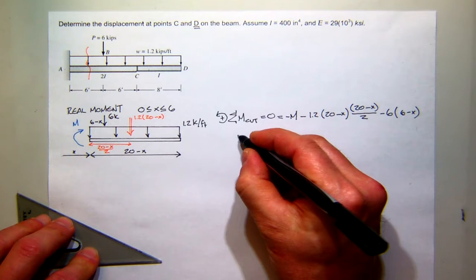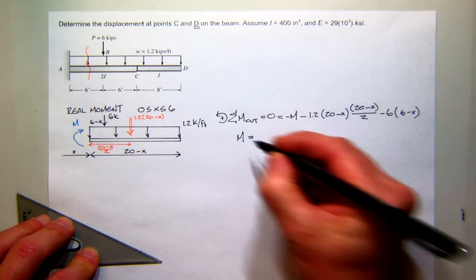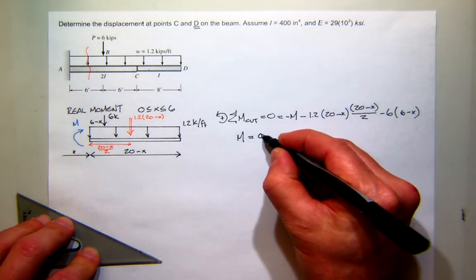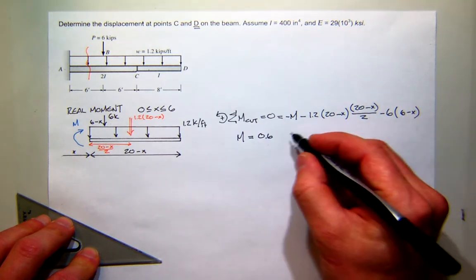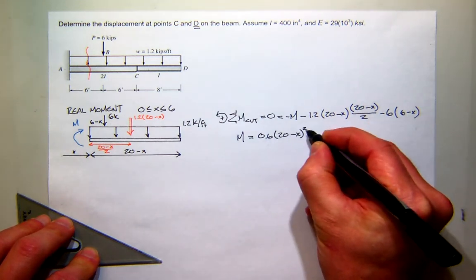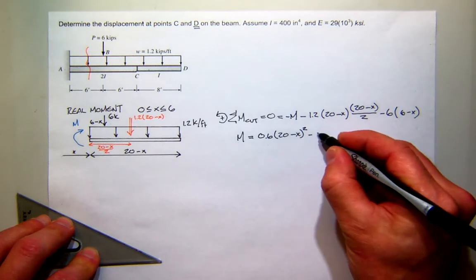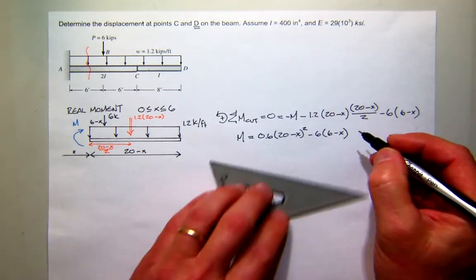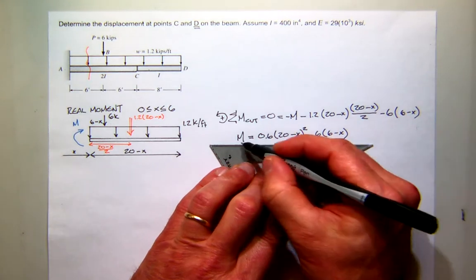So when I solve for the moment, it looks like it's going to be 0.6, I take the half out of there, times 20 minus x squared, minus 6 times 6 minus x. Does that work?